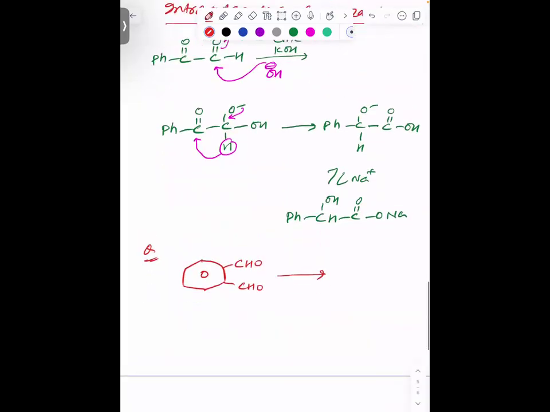intramolecular. It is just that this is not Na plus, since I'm starting with K it will be K plus.